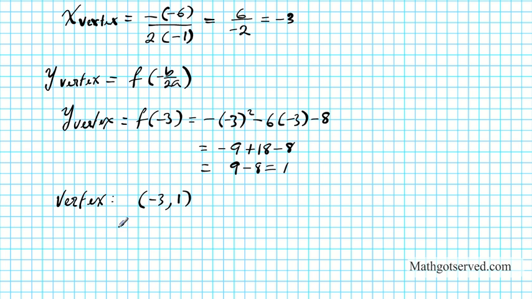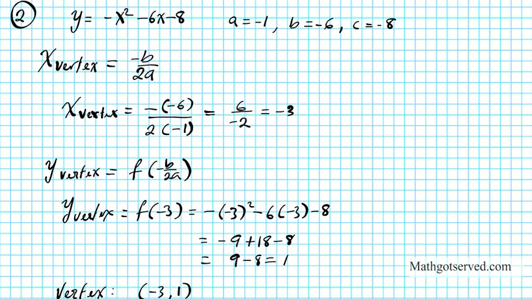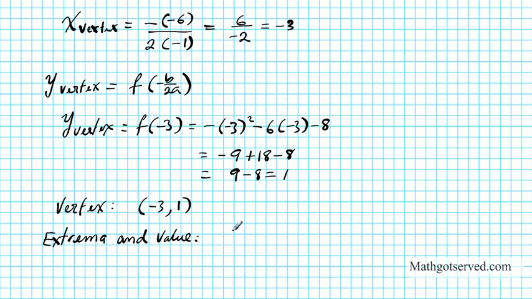Now we're going to find the extreme value. All right, now since our a is negative, as indicated up here, we're going to have a maximum as our extreme, and then the value is going to be y equals 1, because that's the y coordinate of our vertex.